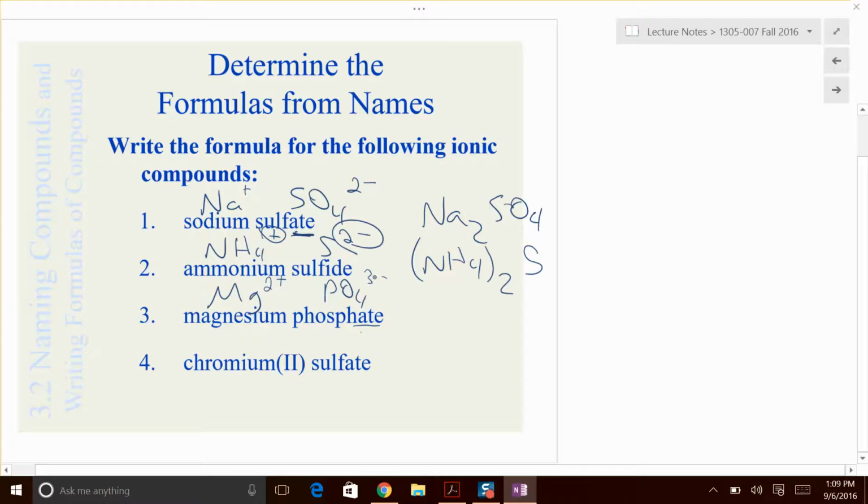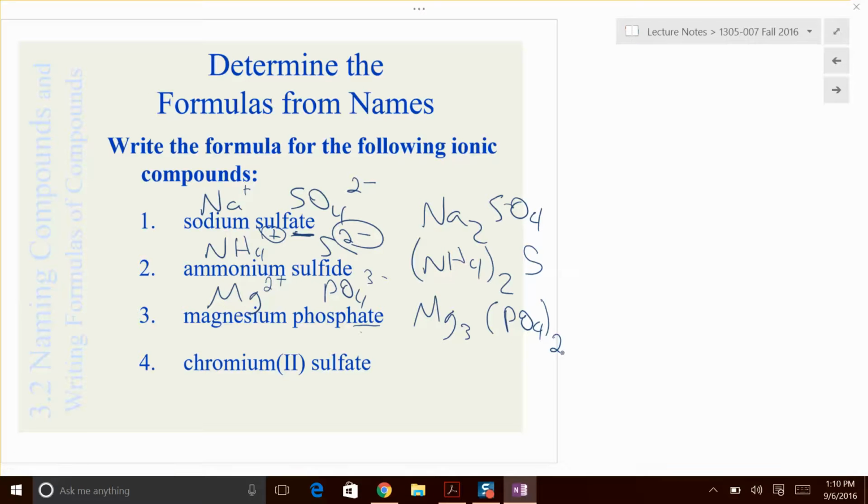What is the resulting formula of this? Okay, good. I need 3 magnesiums. How many phosphates do I need? Good. Brackets, PO4, and I need 2 of them.